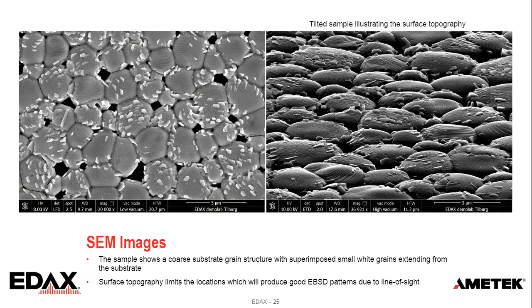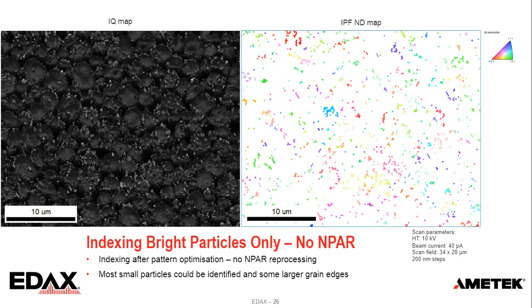But this just kind of shows one quick map. This is a small area map. Looking at it, I put here no NPAR. That's an approach I'm going to explain. But basically, without NPAR, we're looking at the patterns here. You can see we're at 10 kV, 40 picoamps. And we're getting patterns from the brighter particles, which are the lead halide particles. When we apply NPAR, you'll see that the colored points here grow out.